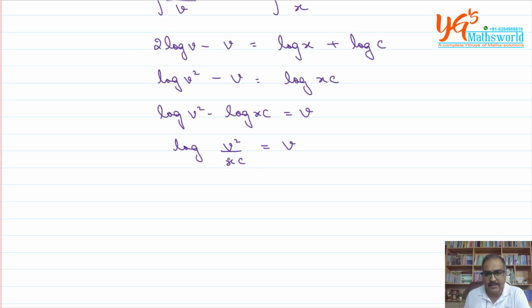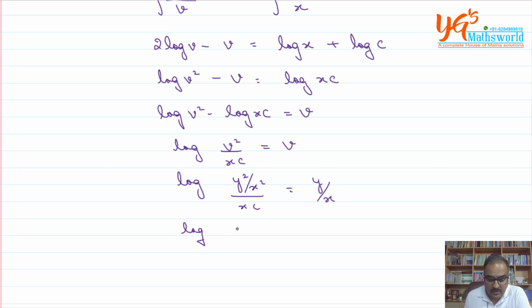Now what I need to substitute is v equal to y upon x. So the value for this one comes out to be y square upon x square upon xc is equal to y upon x.